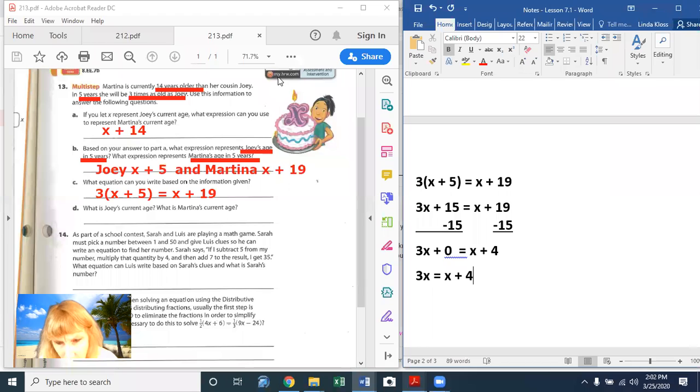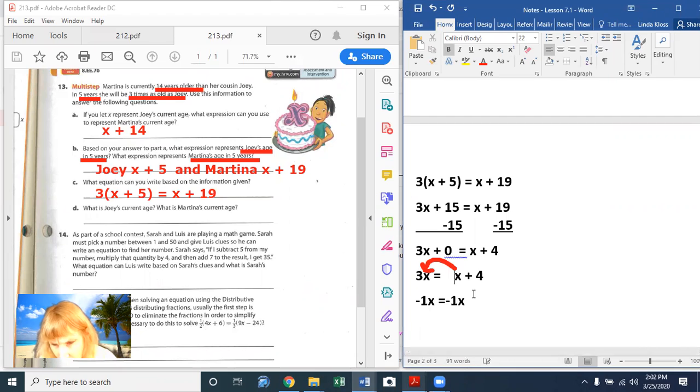Now I need to get the x over by the other x. To do that, I have to use inverse operations. So I'm going to subtract an x from both sides. Remember, that's the same as 1 in front of the x. So we'll put that there just so we can see that. The equals in between there.